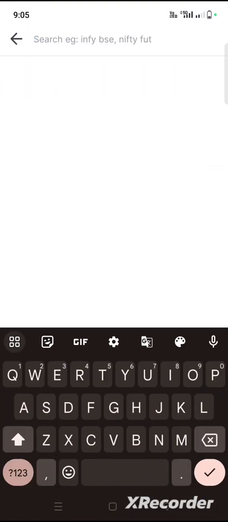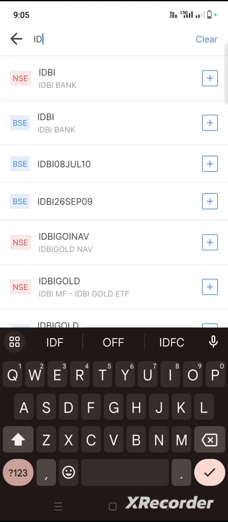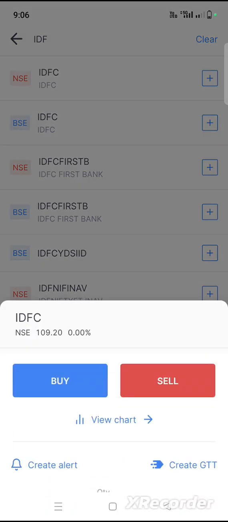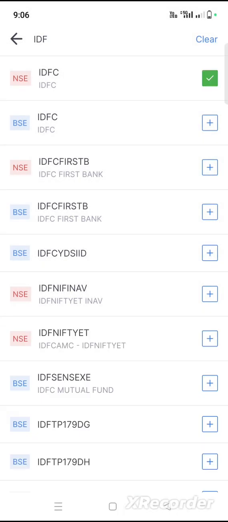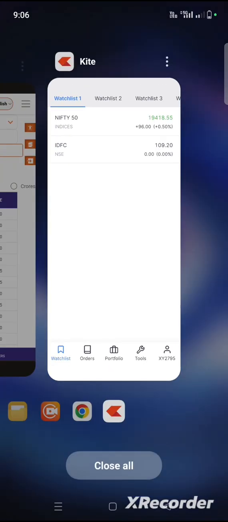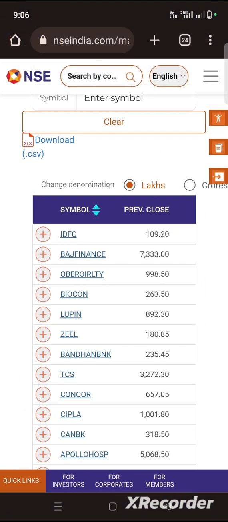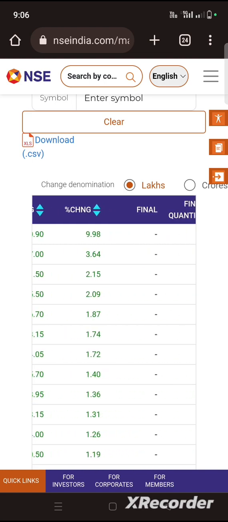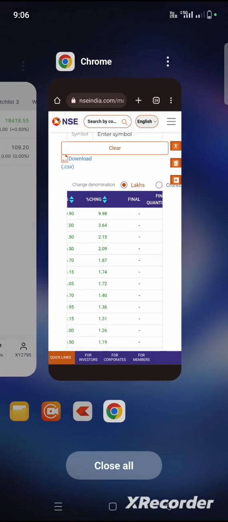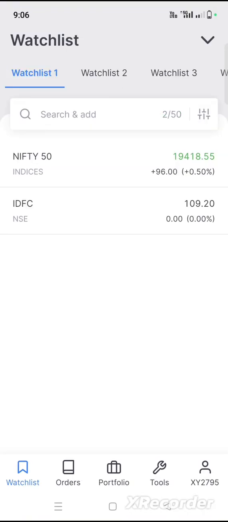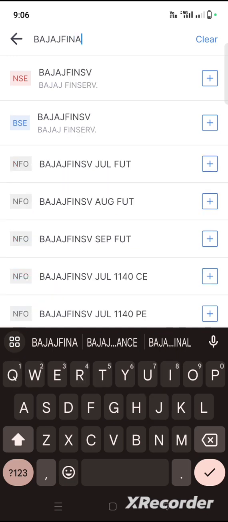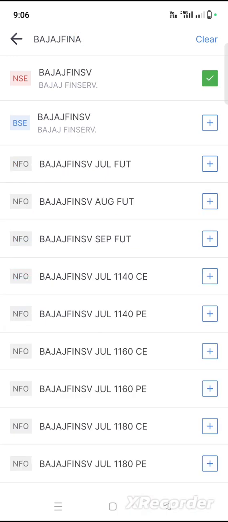Now I search for IDFC, NSE, added, and another one, Bajaj Finance. I'll take only NSE stocks.